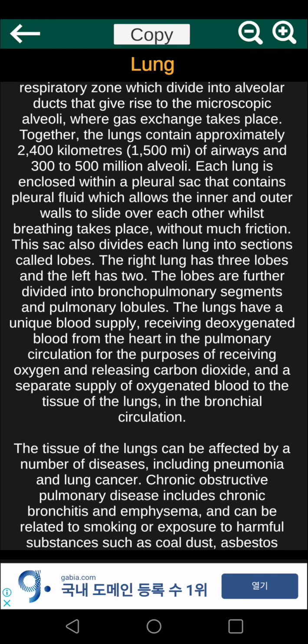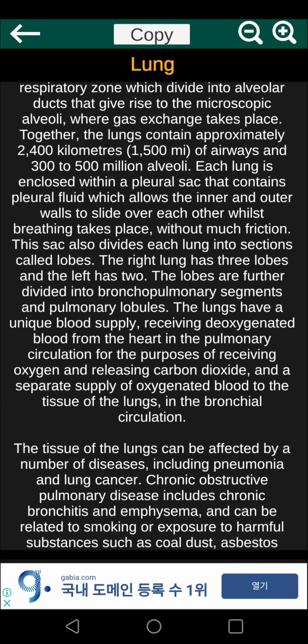Together, the lungs contain approximately 2,400 kilometers of airways and 300 to 500 million alveoli.